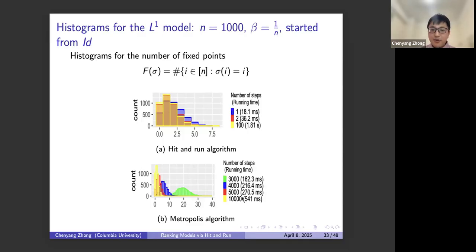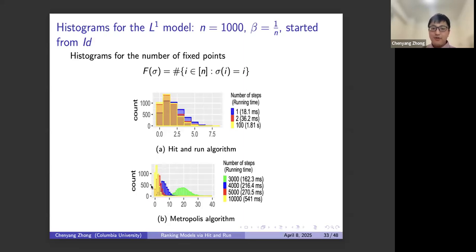As for the Metropolis algorithm, we have listed the corresponding histograms after running it for 3,000 steps, the green one, 4,000 steps, the blue one, and for 5,000 and 10,000 steps. We can see that even after running the Metropolis-Hastings algorithm for 4,000 steps, leading to this blue histogram, it's still quite different from running it for even longer times.